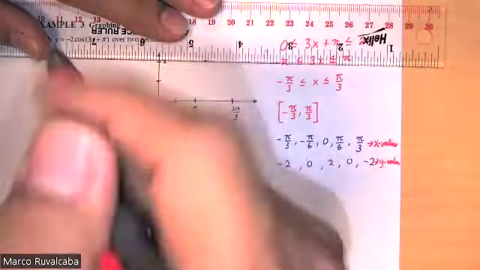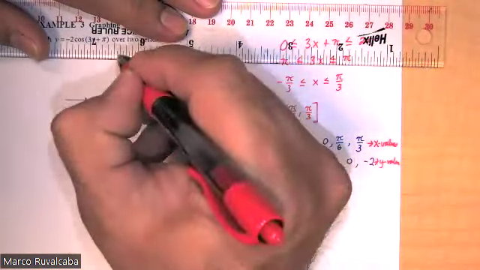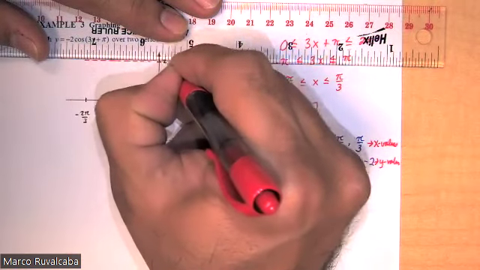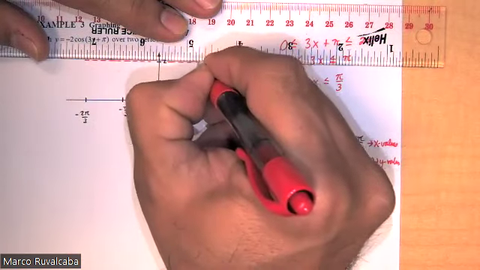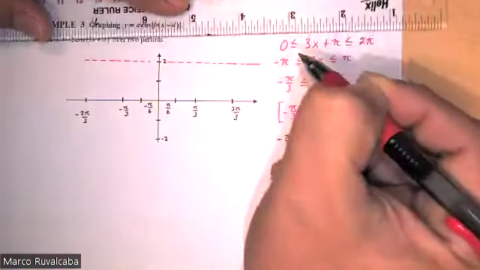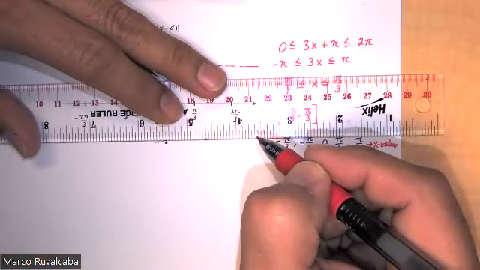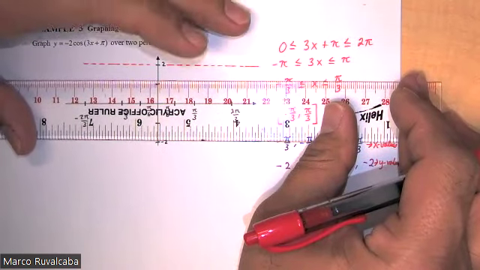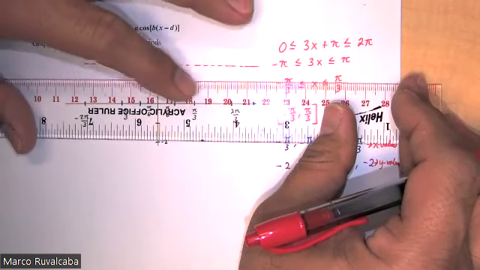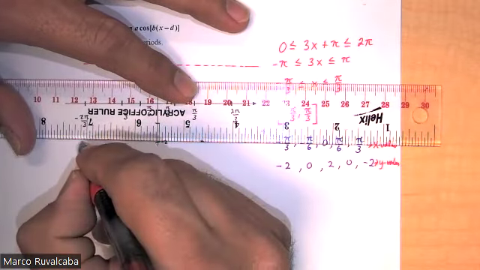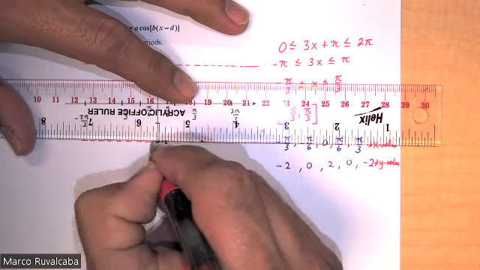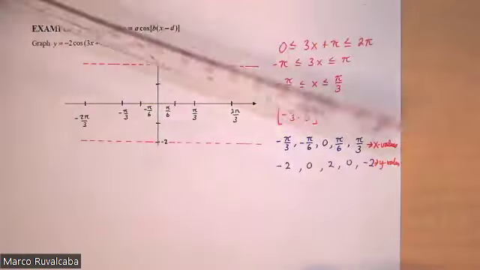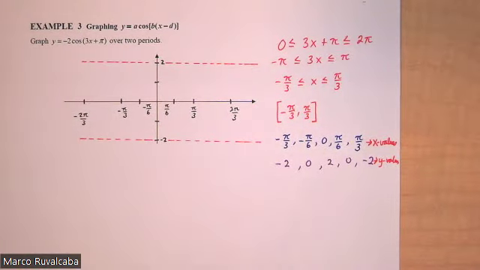Let me just give myself like a boundary here, so I don't have to be squinting and figuring out where that value is. Let me see. Got to make sure it's nice and parallel there. I think this is pretty good. All right, so let me go now and try it again.